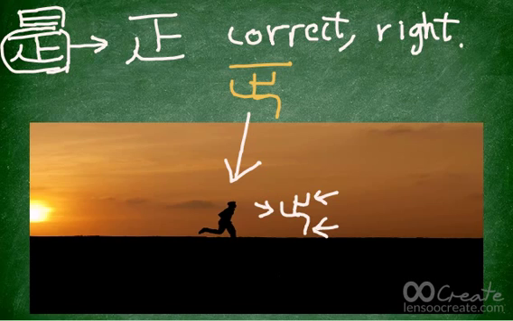The reason, I have no idea, but that character actually means to stop. So you can say, well, how does that mean to stop? It looks like they're running. Well, all I can think about is there is a hand. This one right here, it's the hand that tells themselves to stop.